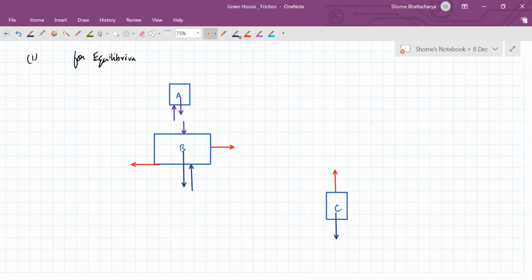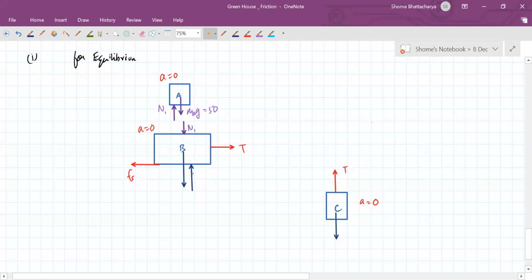All of them are at rest. So acceleration of this is also 0. Acceleration of this obviously is 0. Acceleration of this is also 0. So let's start with all this. Then weight of A, which is 50 newtons. Normal reaction, let's say N1.